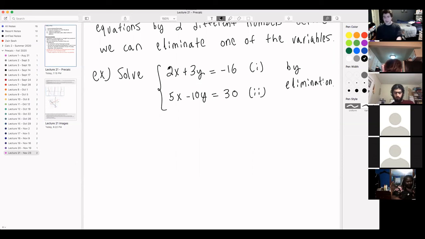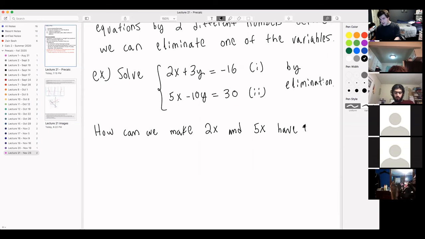So I want to make the coefficients in front of x in both equations the same. So here's the question you need to ask yourself. How can we make 2x and 5x have the same coefficient?